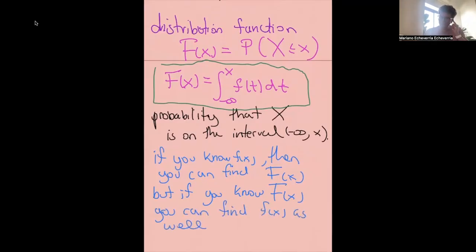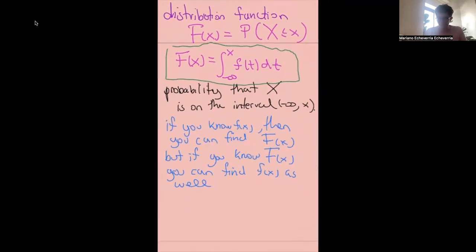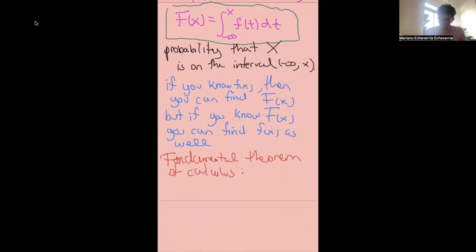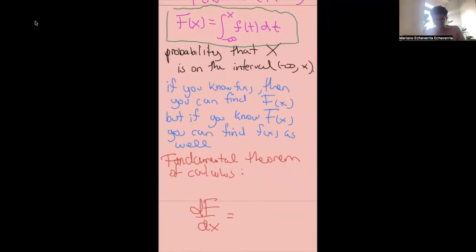How can you do that? Well, it's basically the fundamental theorem of calculus. It says that the derivative of big F with respect to x, I don't know if you remember, it's something you use a lot near the end of Calc 1, but you kind of stop using it, though it's implicit in many things you do in Calc 2 and Calc 3.